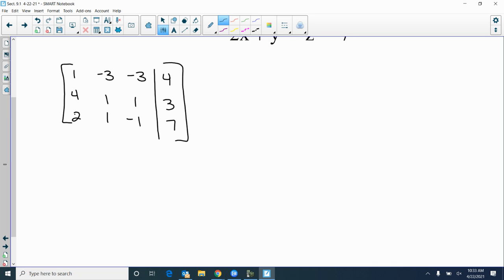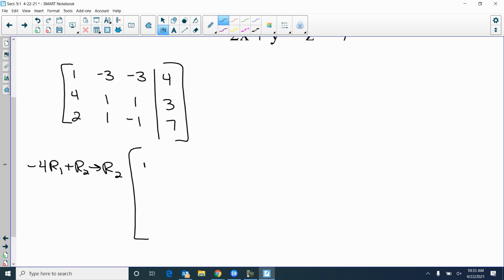So I'm going to take -4 times row 1 plus row 2, and then it's going to substitute in for row 2. And do me a favor, we're going to do 2 steps in 1 here. Do not write row 3 down yet. So just don't get too far ahead of me. Row 1 will not change. Row 1 stays the same.